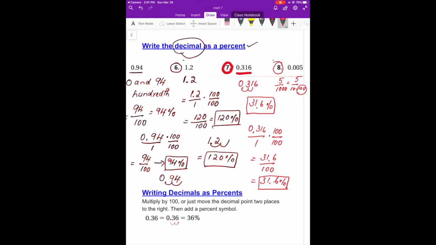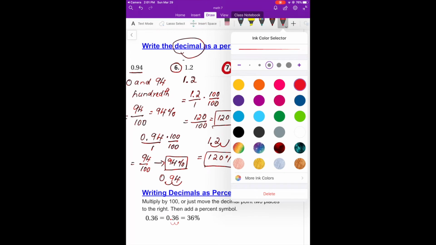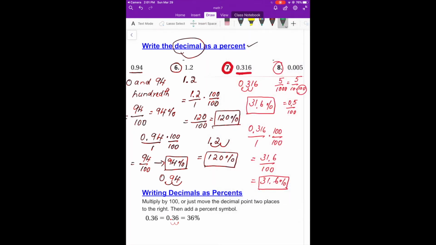So what is 5/10? 5/10 is 0.5. So 0.5 over 100, or I can say it is 0.5%.